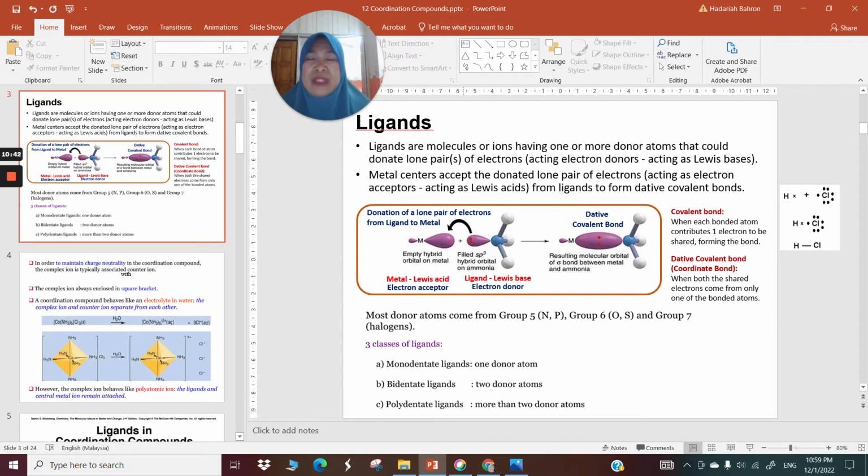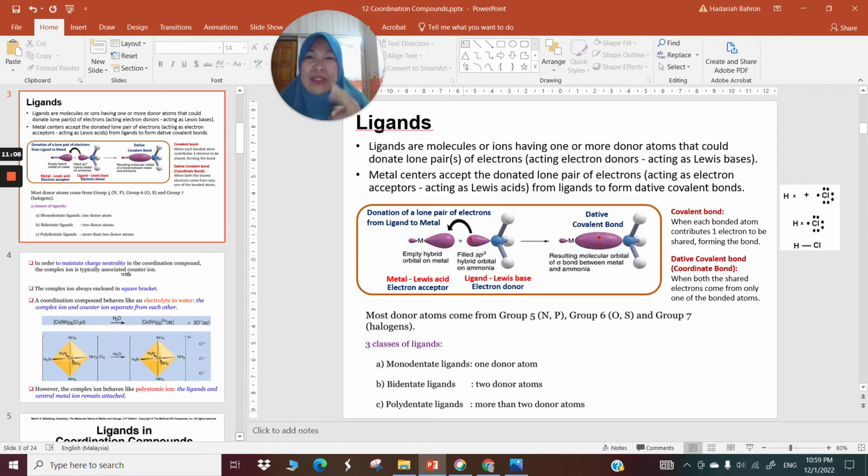Dentate comes from the Greek word dentis, yeah, teeth, gigi, yeah, gigi. So when the ligand bites or menggigit the metal on one location, it is called a monodentate ligand, the ligand that can only bite from one donor atom.